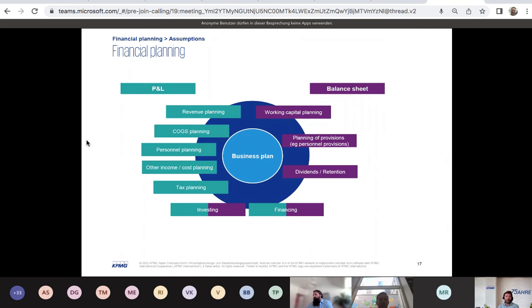For the case study, it's not necessary to plan every single line item. So that means also for the balance sheet, for example, if you have SAP as a company, there I assume that you have many different line items, and it's only important really to focus on the big line items, the most important line items. So you don't need to plan every provision position in the balance sheet. Just focus on the most important ones, the big ones.